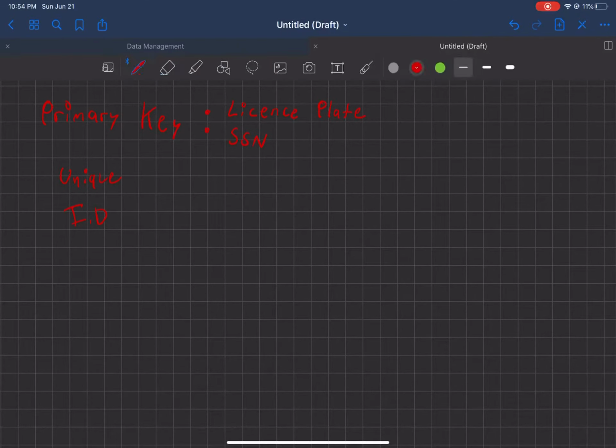Okay? Another quick example would be a social security number. One person, so let's say this is Bob, has one social security number. So anytime I reference Bob in the database, instead of referencing just the name Bob, because obviously there can be two Bobs, right?